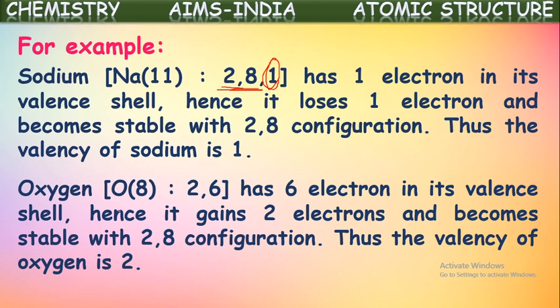For oxygen, what are the valence electrons? 6, because there are 6 electrons in its valence shell. So valence electrons is 6, but its valency we found as 2. So generally for metals, valency and valence electrons will be the same, but for non-metals, they will be different.